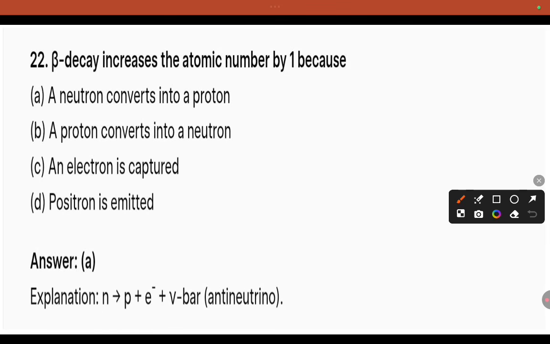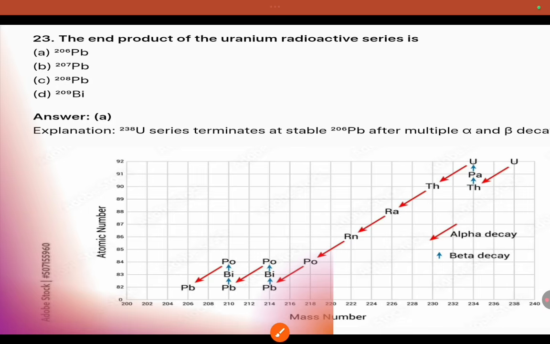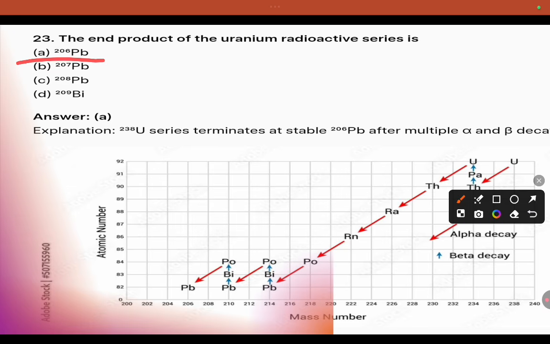The end product of the uranium radioactive series is lead 206; not 207, not 208, it is lead 206.